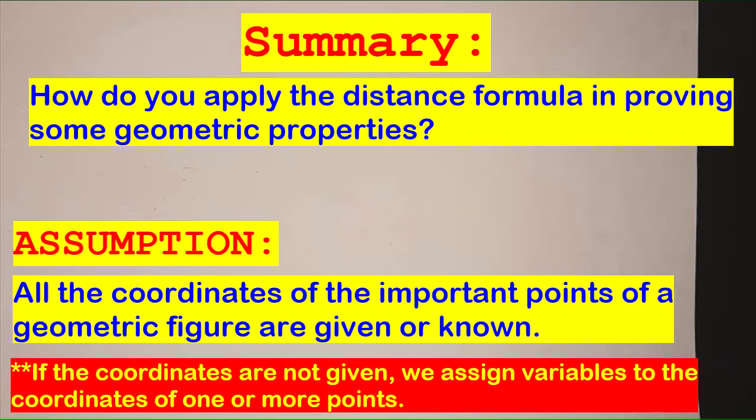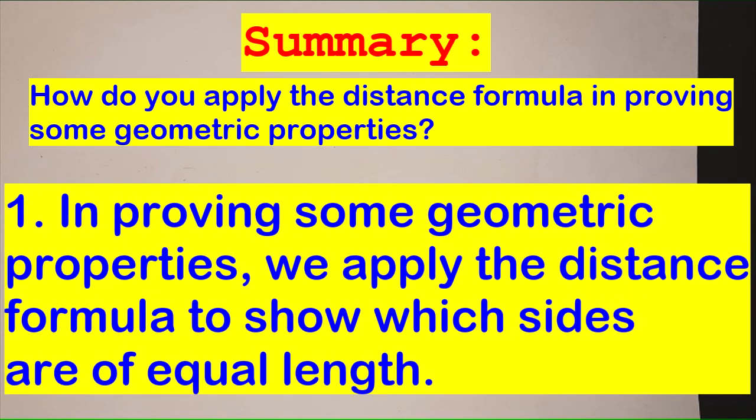Before we proceed to our coordinate proof. Okay? What is a coordinate proof? It is a proof that uses figure on a coordinate plane in proving some geometric properties. Okay? Okay, so here, number 1, in proving geometric properties, we apply the distance formula to show which sides are of equal length. Diba? Kanina ginawa natin. Okay, for example, if we're going to prove that a given triangle is equilateral, diba?